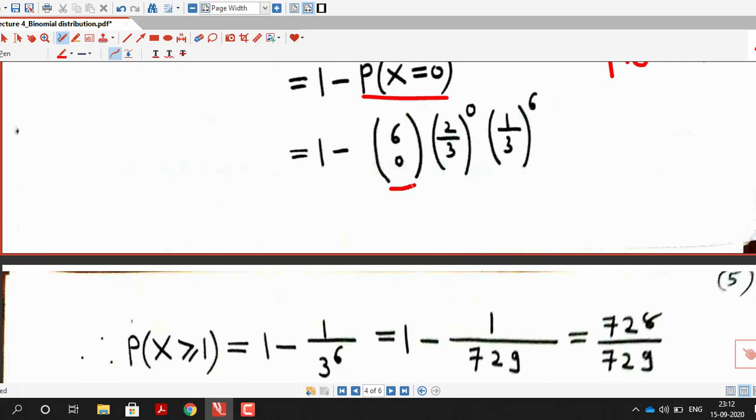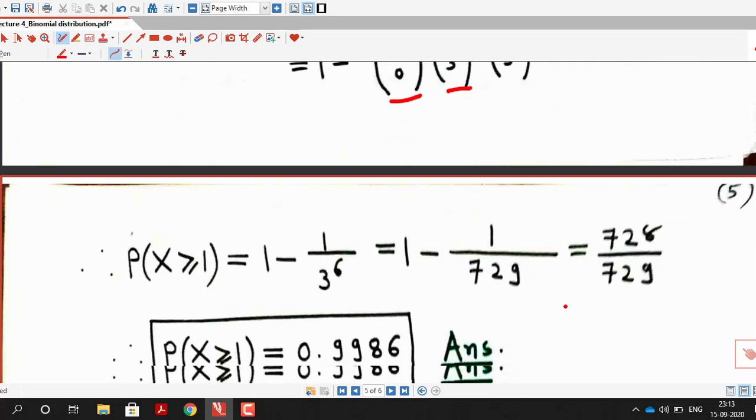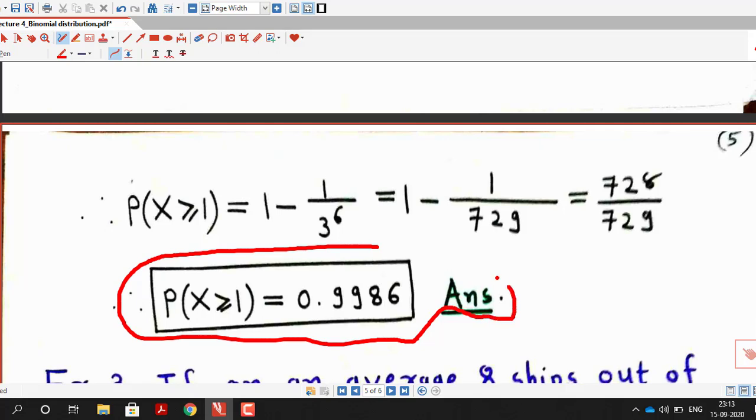And this is going to be 1, 6C0 is 1, this is also 1, and we have 1 by 3 raised to 6, that is 728 divided by 729, and after simplification we obtain this probability that X is greater than or equal to 1 is 0.9986.